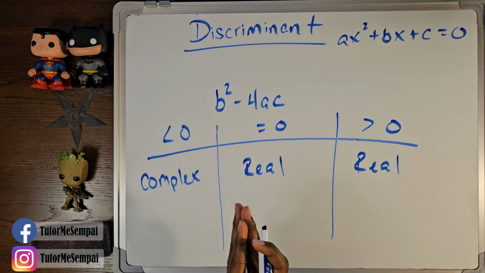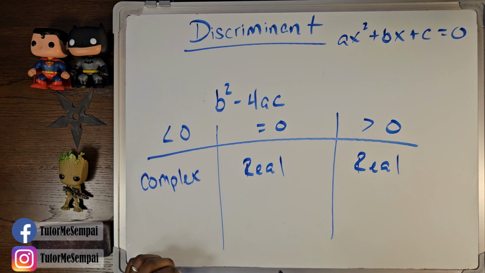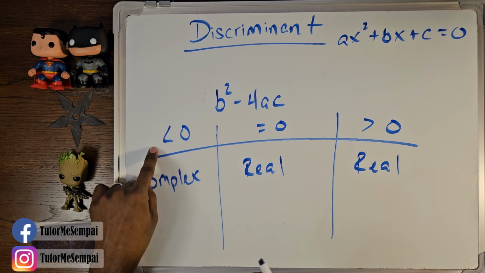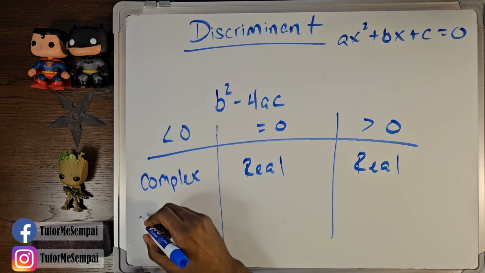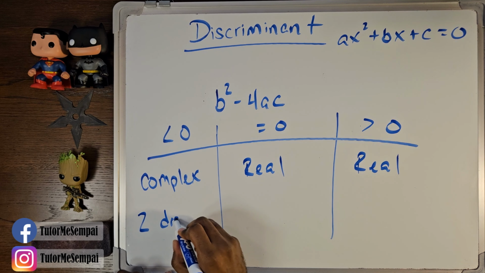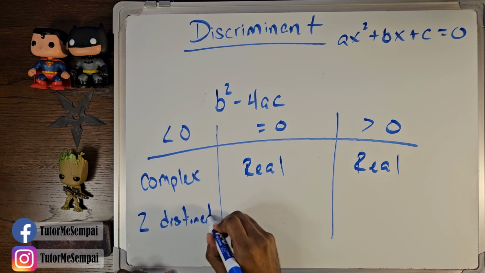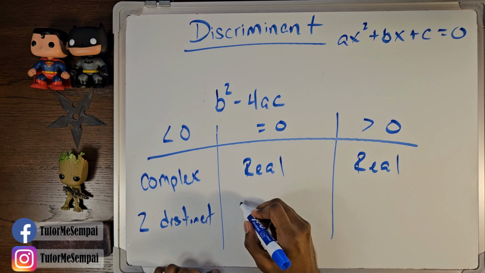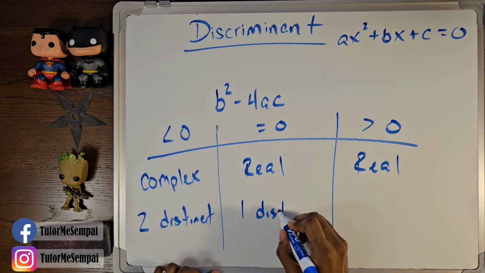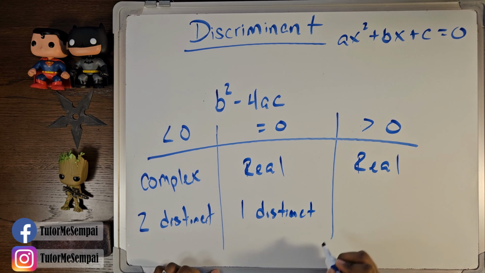But how about if our roots are distinct? Well, it's going to help us do the same thing. If we go back to where the result is less than 0, this tells us that we have 2 distinct roots. If the result is equal to 0, we have 1 distinct root.